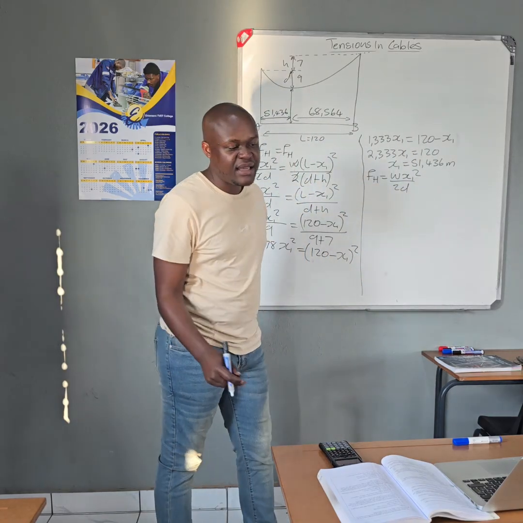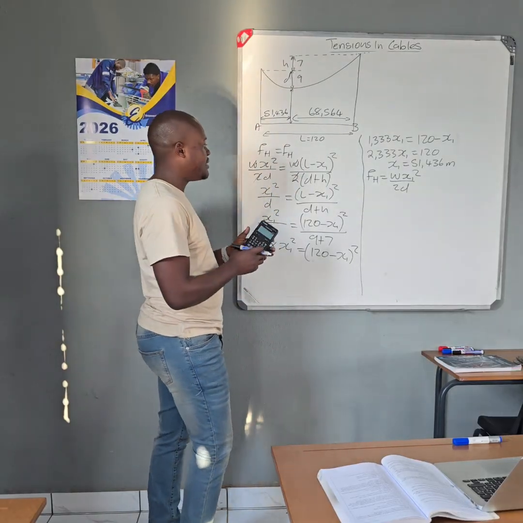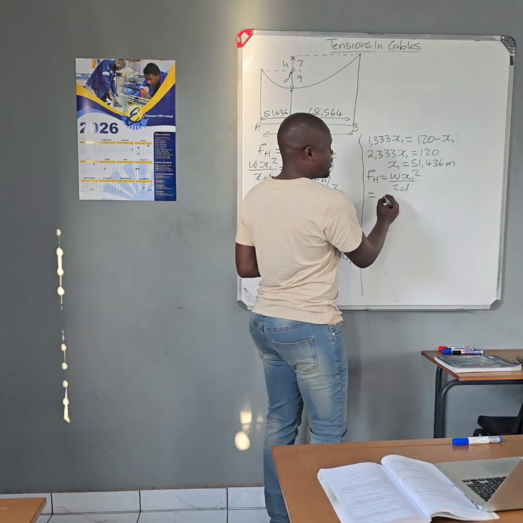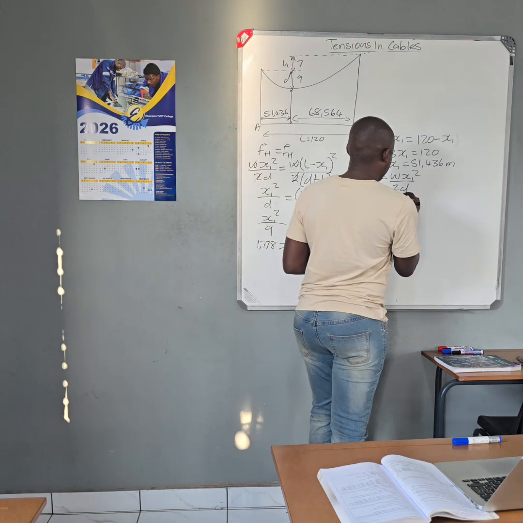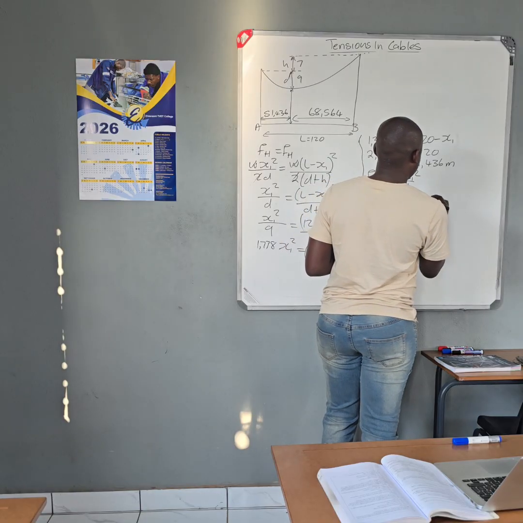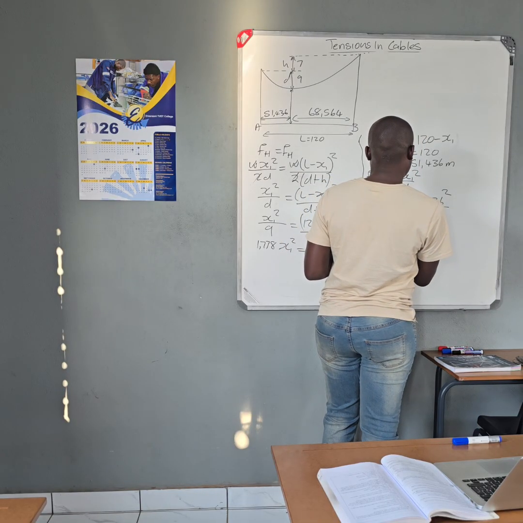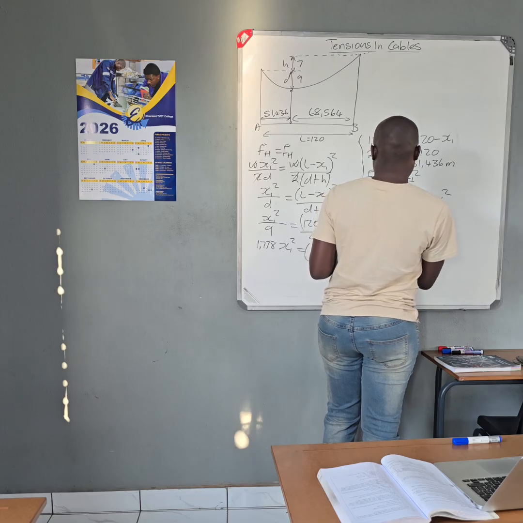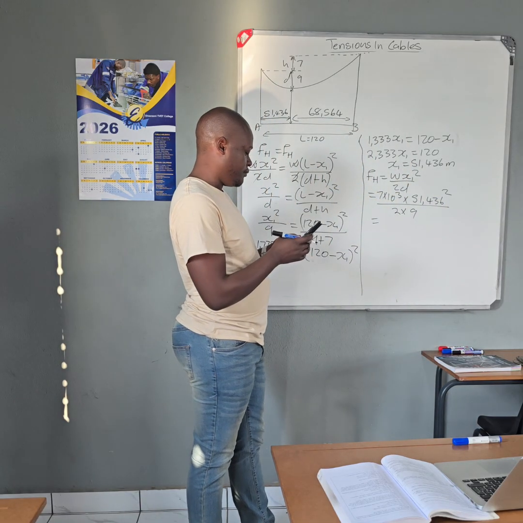You'll still get the same answer. So we are simply just using this one because it's the simplest. So we are having 7 times 10 to the power of 3 multiplied by 51.436 squared, all this divided by 2 multiplied by 9. This is for both cables.